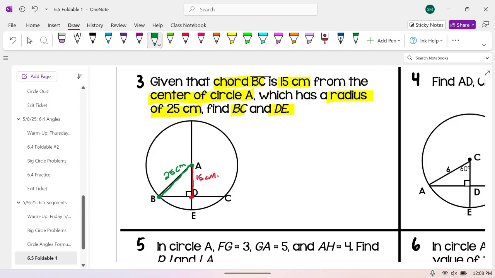There's somewhere else I can mark it. Where else? Not AC. We don't really need AC. We could, but we don't need it. But there's one that's already marked that we can mark. AE. So AE would also equal 25 centimeters.